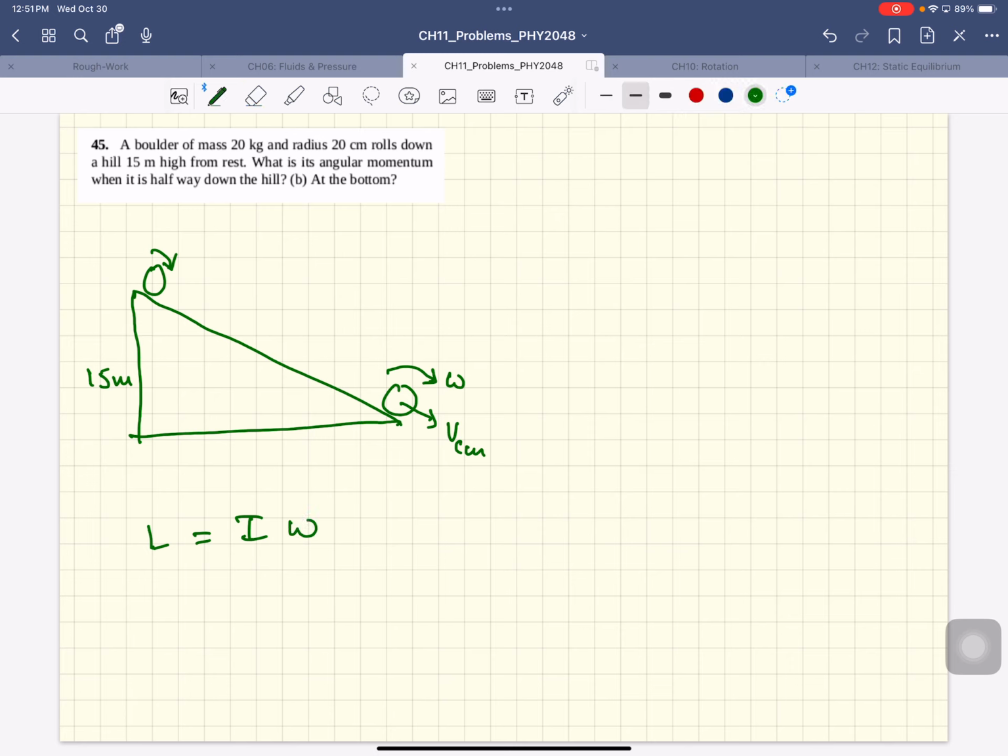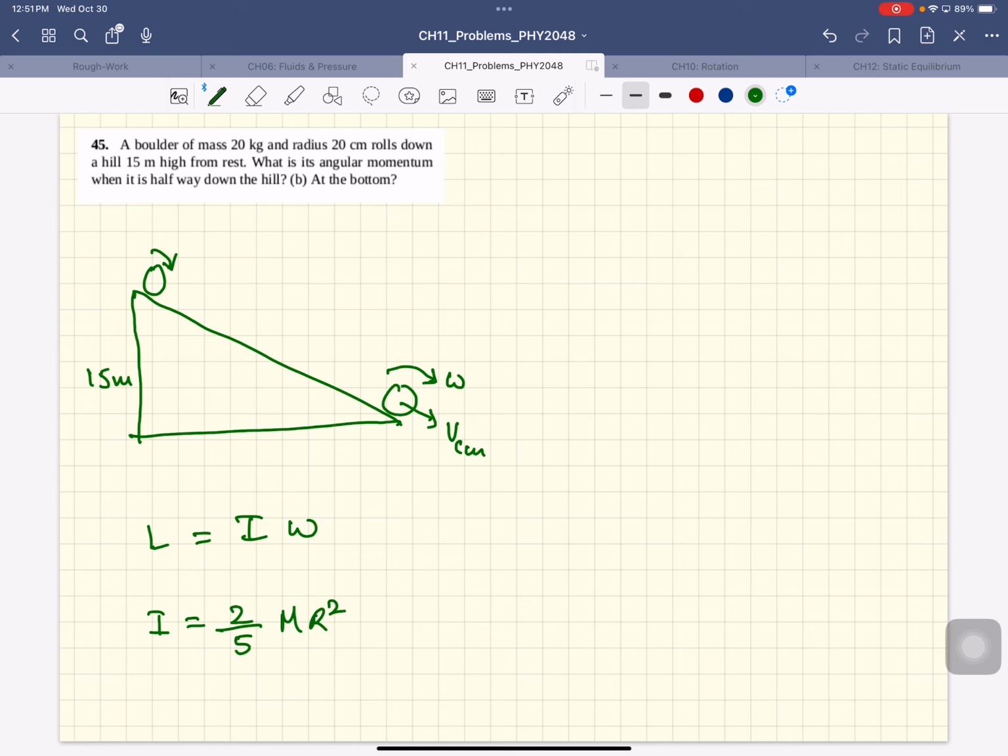I, the moment of inertia, is 2/5 mr squared. So for a solid sphere of uniform density, the moment of inertia is 2/5 mr squared.